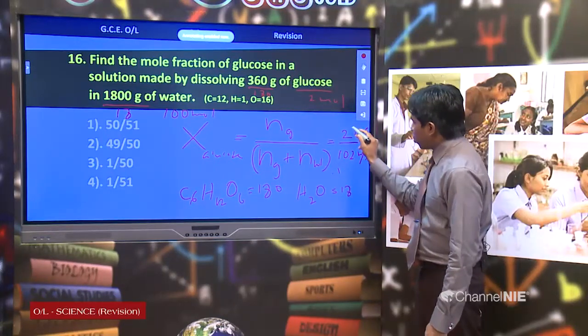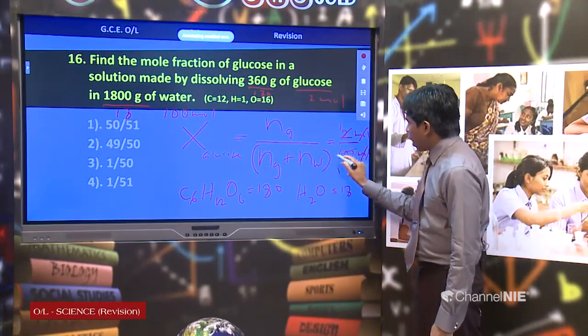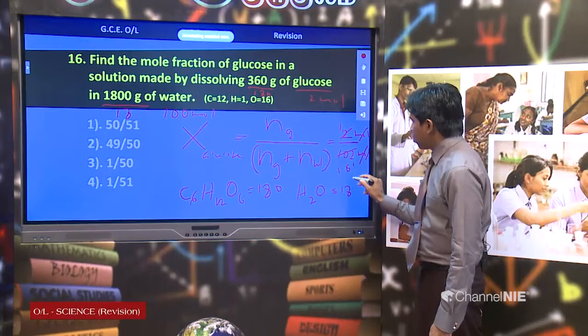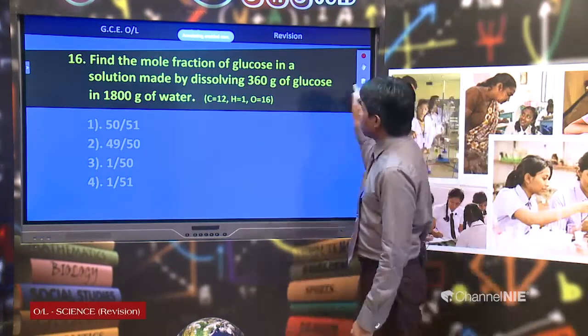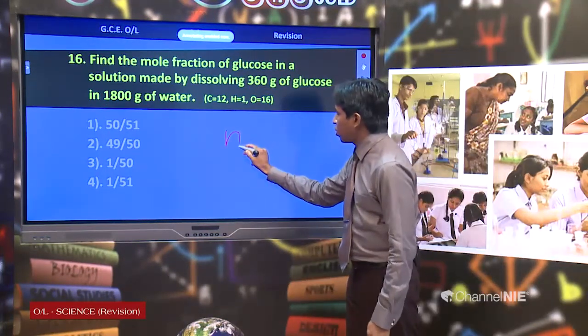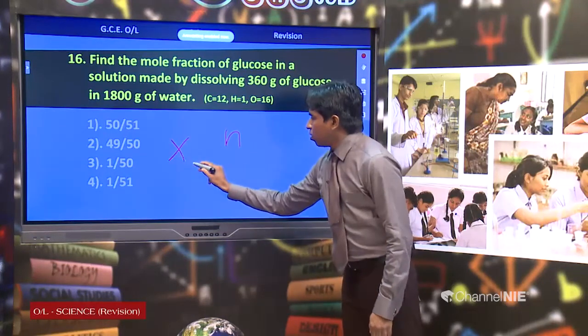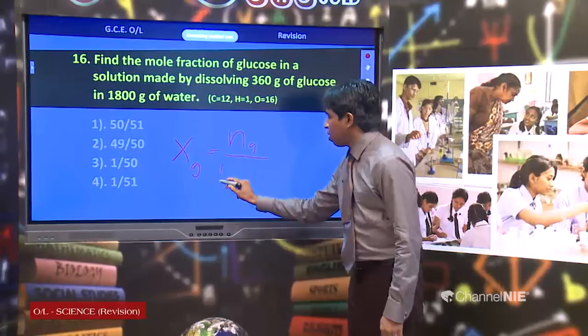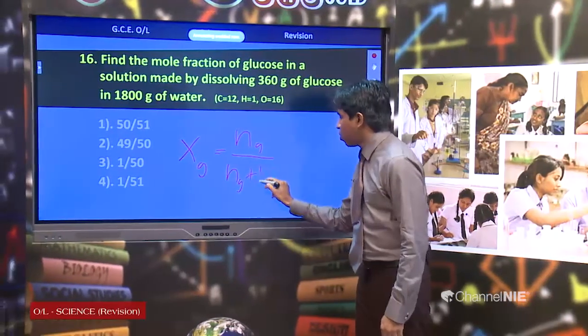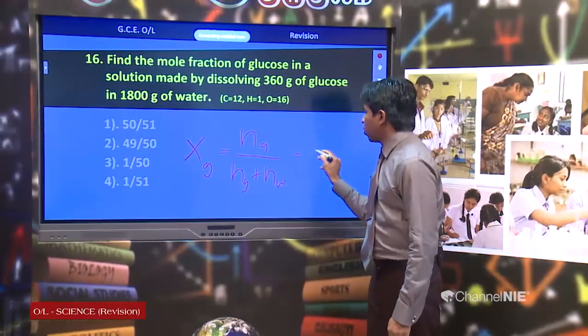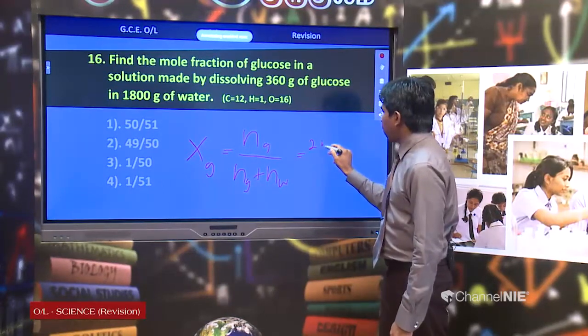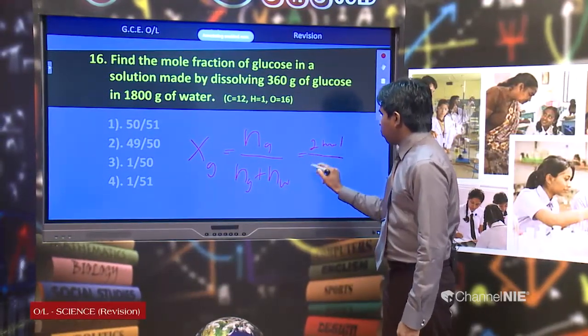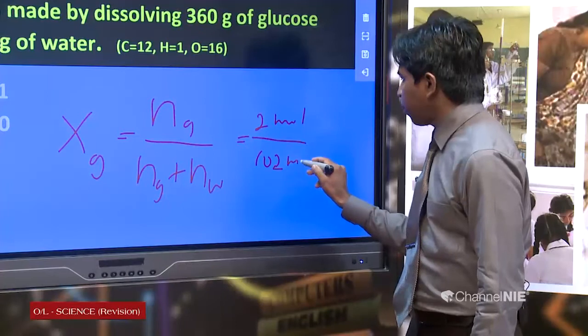So, 2 times 1, 2 times 51. So, you get the final answer: mole fraction of glucose equals number of moles of glucose divided by number of moles of glucose plus number of moles of water. So, you get glucose moles 2 moles, total moles we got 102 moles.